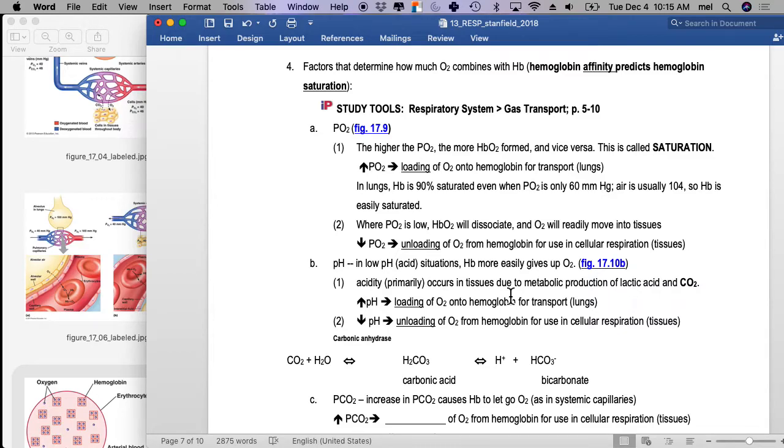Your PO2 will determine whether you load or unload. What's your prediction? High PO2 will make you do what? Load or unload? Yeah, okay, got it. The other ones you might not be able to predict yet, so let's just go ahead and list them. The next one is PCO2. And then the third one is pH. The fourth one is temperature.